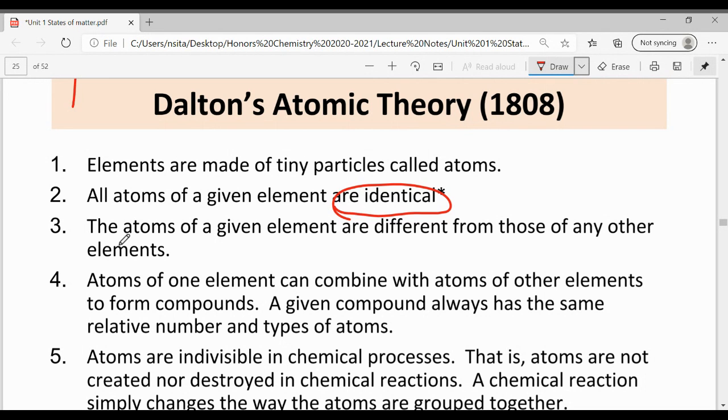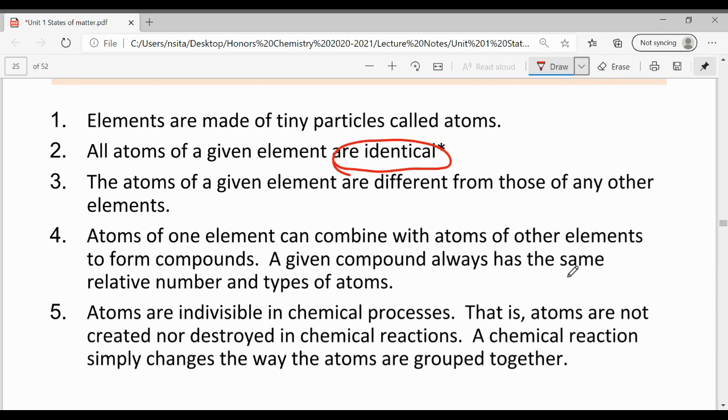And then the third one here: the atoms of given elements are different from those of other elements. Of course, it's true because the atoms of gold are going to be different from the atoms of silver. Now, the atoms of one element can combine with atoms of another element to form a compound. Let's think about it. You have an atom of hydrogen, and then you have an atom of oxygen, right?